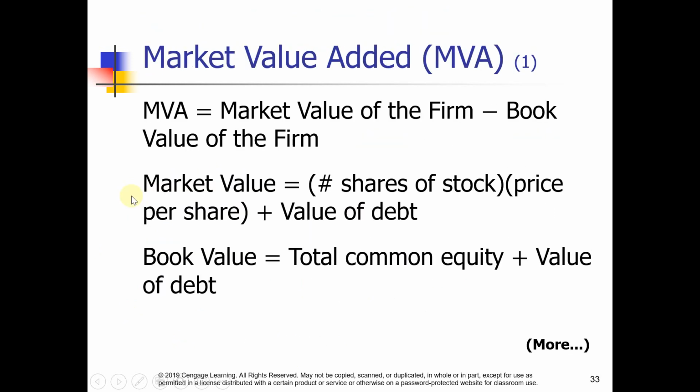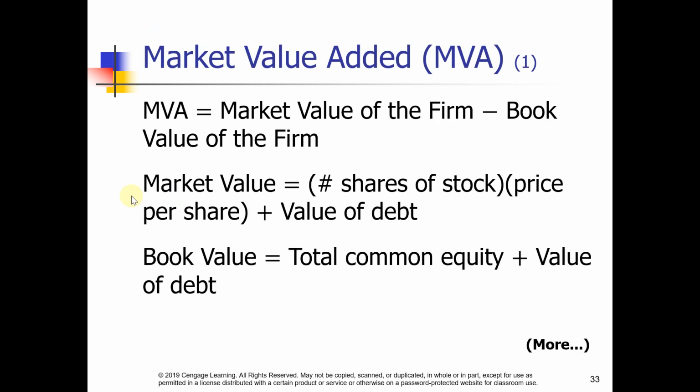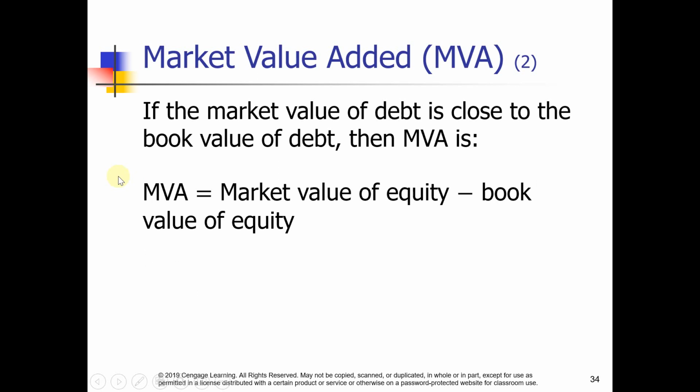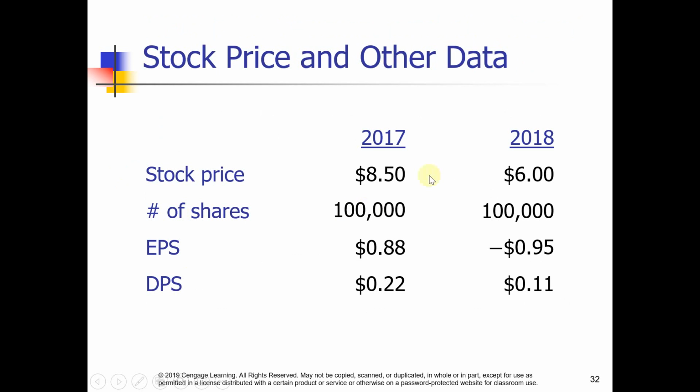There is another concept called market value added, meaning if you look at the stock prices of the company and calculate the market value of the shares, how does that look compared to the book value of the shares, or the book value of the stockholders' equity? Okay, so we are given information that in 2018 the stock price per share became $6. In 2017 it was $8.50. There were 100,000 shares outstanding.